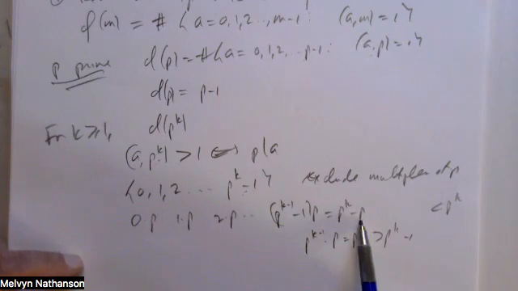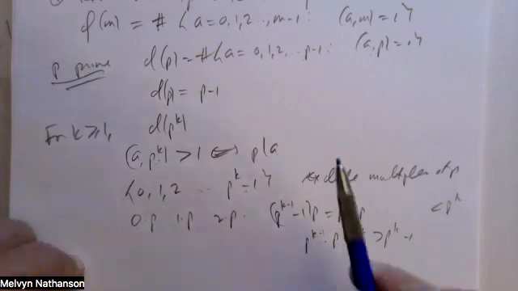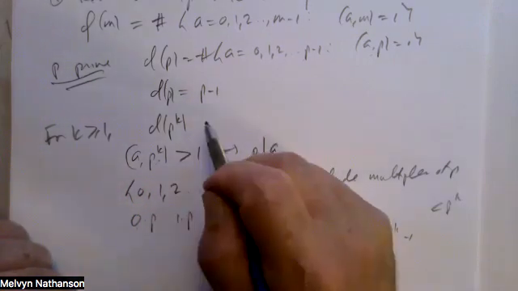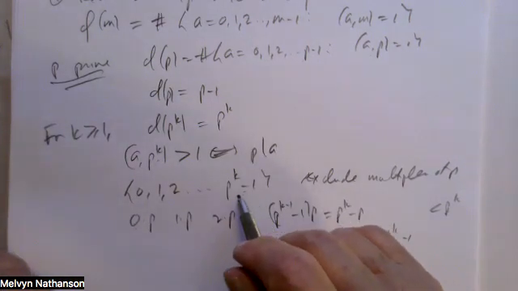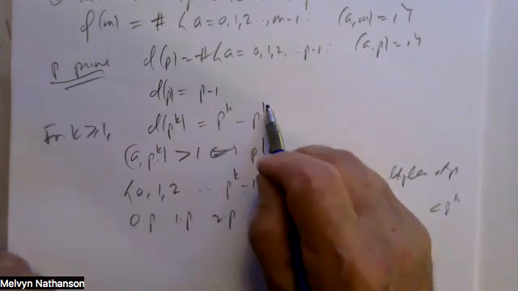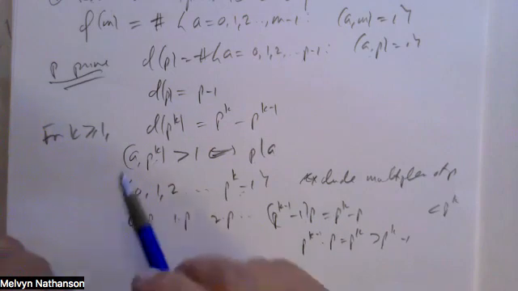So how many multiples of p are there between 0 and p to the k minus 1? There's p to the k minus 1, counting the 0. So we exclude p to the k minus 1 numbers. Of the p to the k numbers between 0 and p to the k minus 1, we throw out p to the k minus 1, and everything that's left is relatively prime to p to the k.